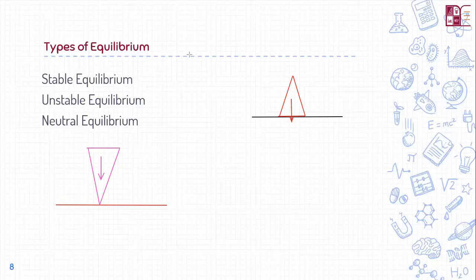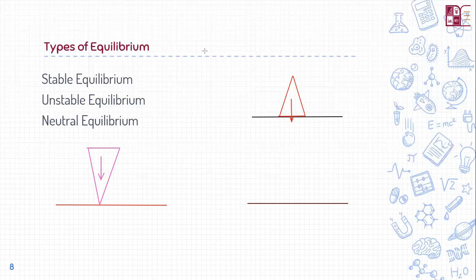Now let's move on to the neutral equilibrium, where even if you topple the object, the center of gravity would remain the same.